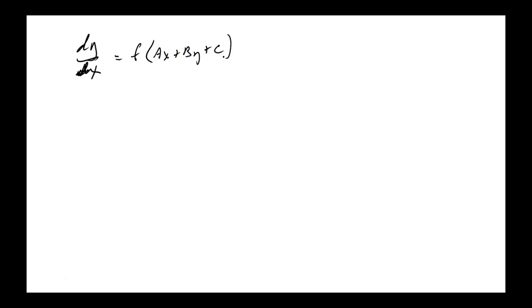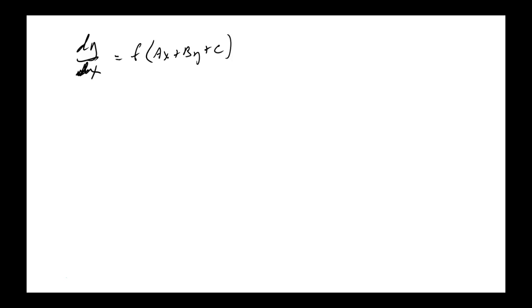Way back in the old days, we called that sort of like your standard form for a linear equation, so in other words, some function of some linear expression of x and y, which is sort of bizarre.